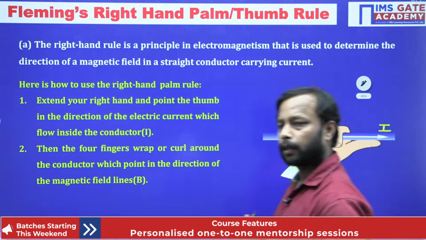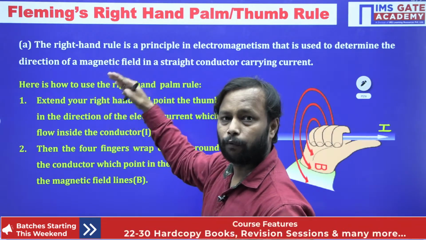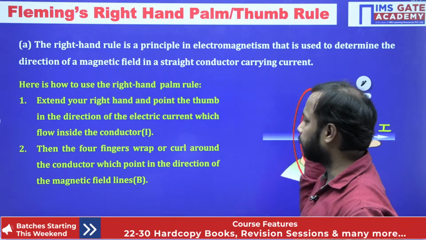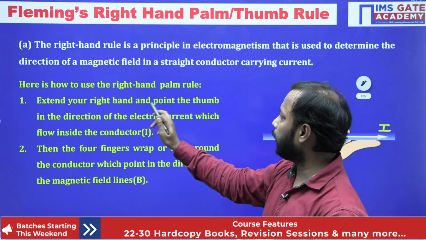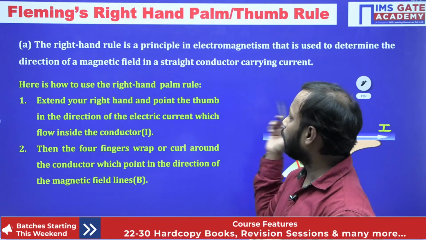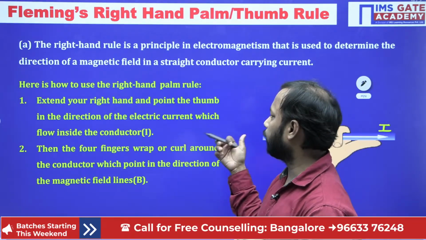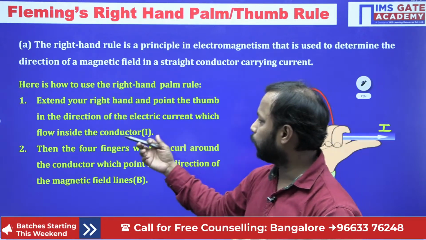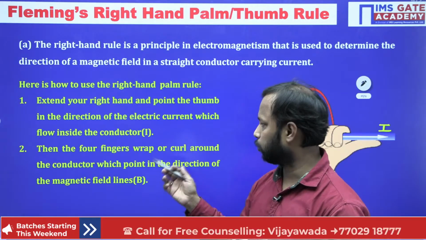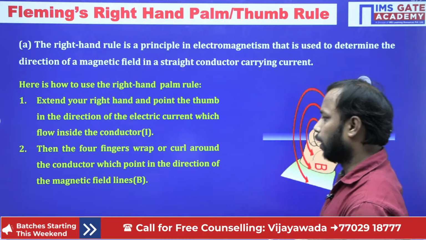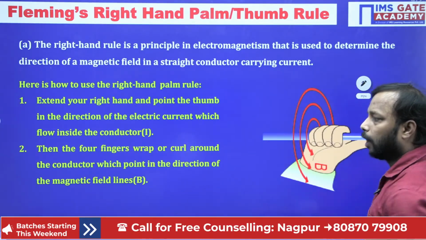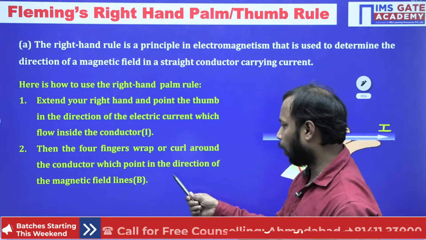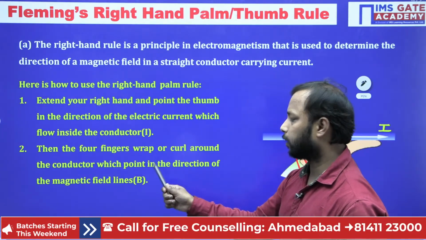Then the steps will tell you how you are going to find the magnetic field. The first step is to extend your right hand and point the thumb in the direction of electric current which flows inside the conductor. So here current is I. Then the forefinger wraps or curls around the conductor, which points in the direction of magnetic field lines.